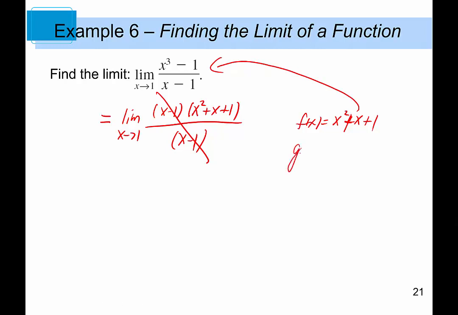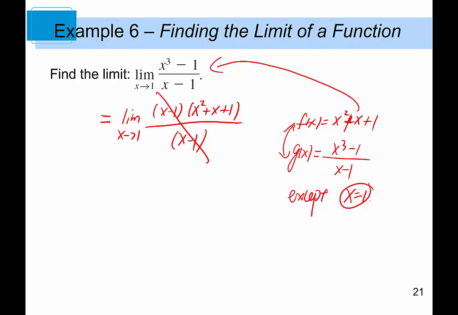So it's exactly the same as x cubed minus 1 over x minus 1, except when x equals 1. Okay? Because for this original function, g of x, x cannot be equal to 1. But for the f of x, x could be equal to 1. So these two functions basically are equivalent, except at x equals 1.